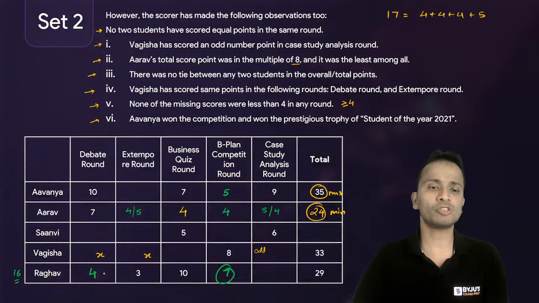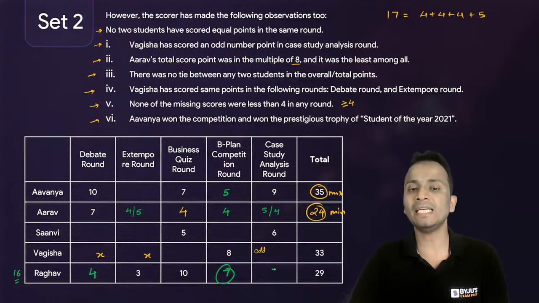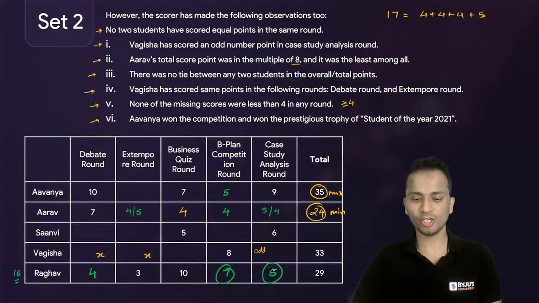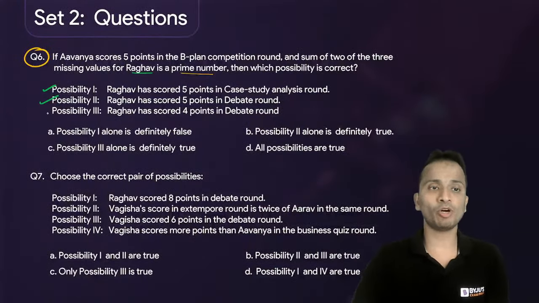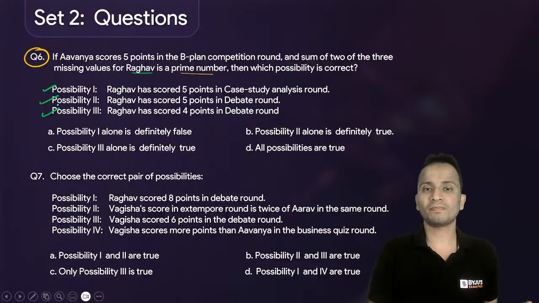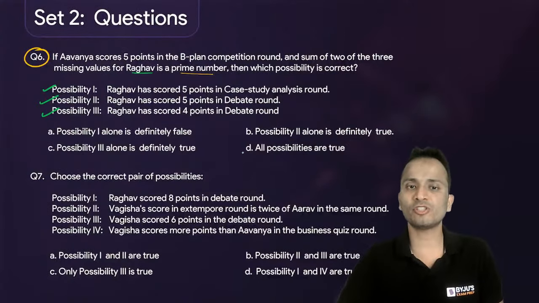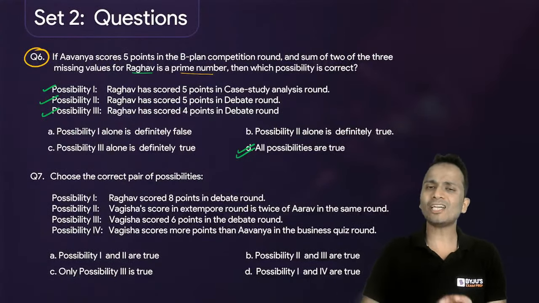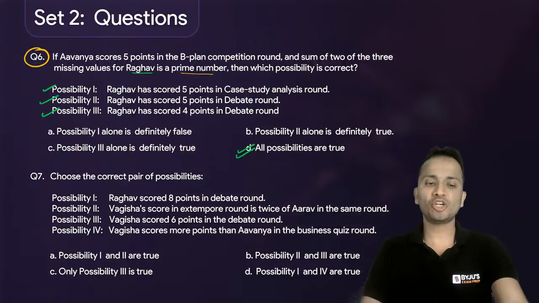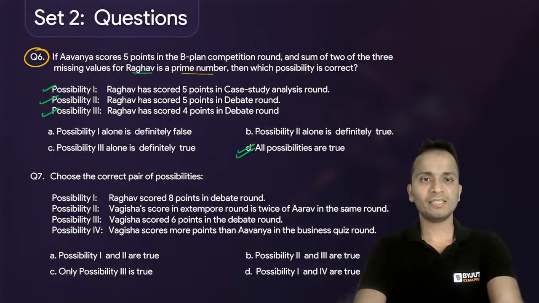Yes, it is. So 7 and 4 is 11, and then 5 can be kept here. So I can say that the third possibility can also be correct. All right, so the correct answer for this question will be option D, that all the possibilities can be true. I hope I am clear to all of you.